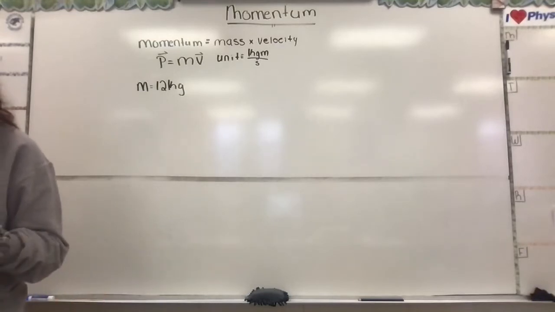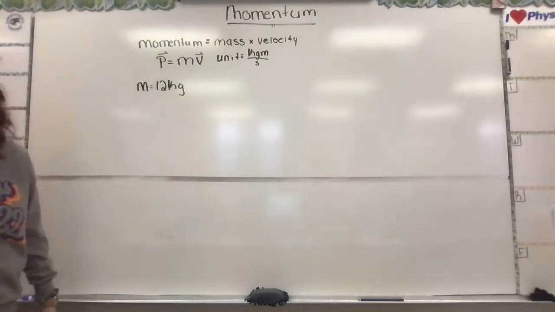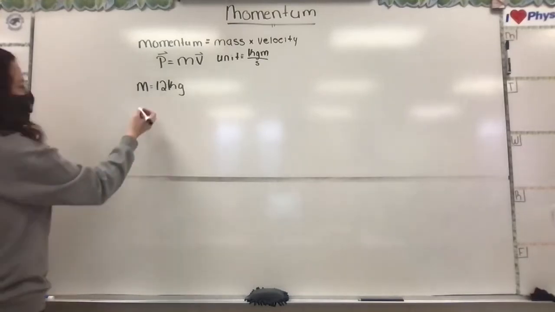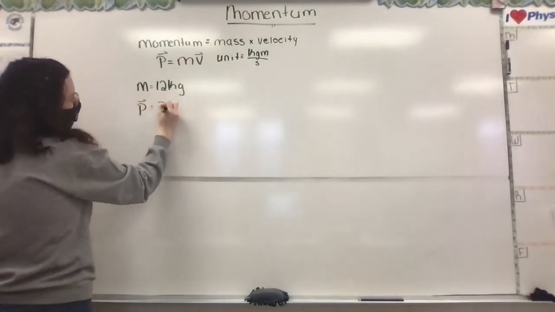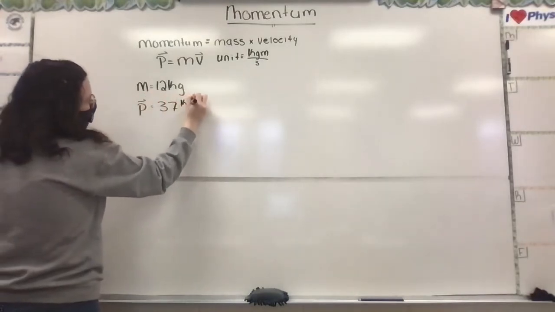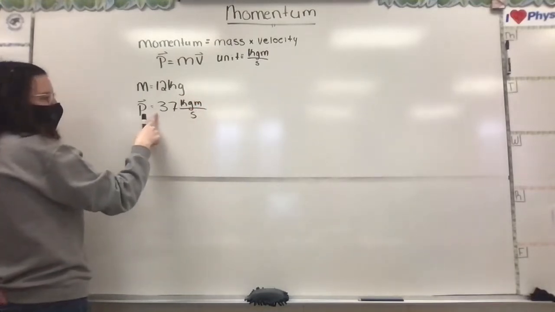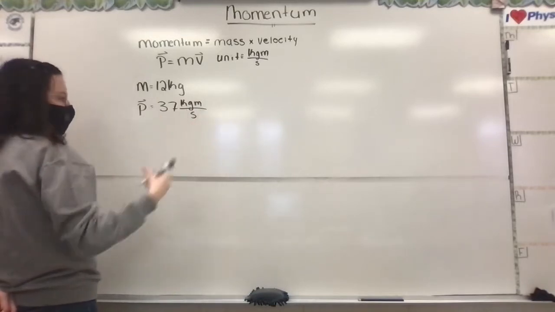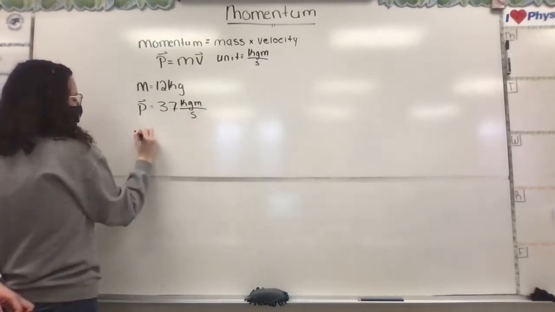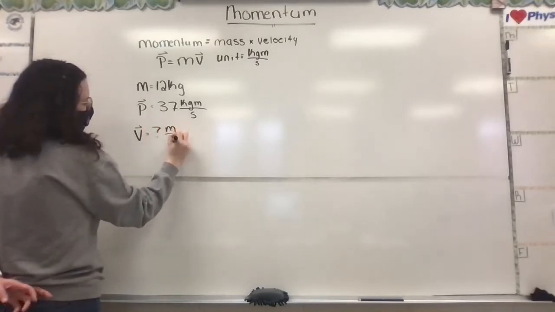And it's coming over to you with a momentum of 37. 37 what? Okay, and I want to make that positive. So that means your dog's running to you to the right, or consider the front of your house a positive direction. We want to know how fast your dog is running at you.